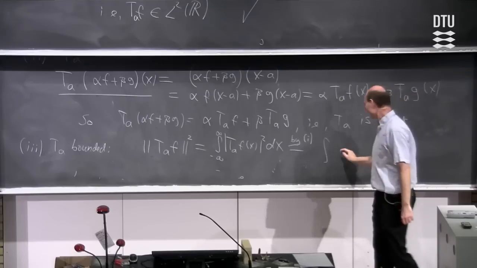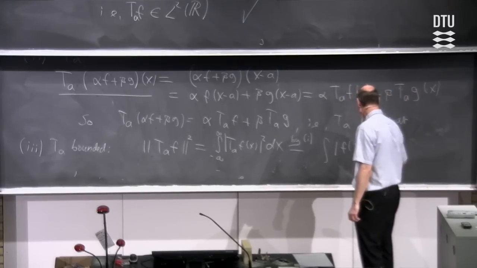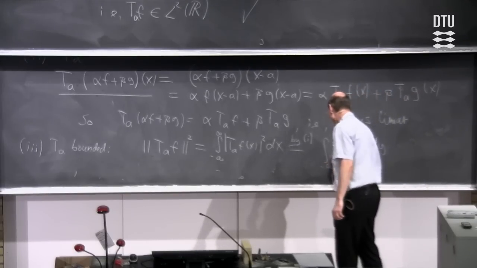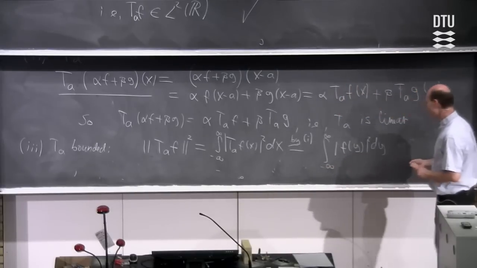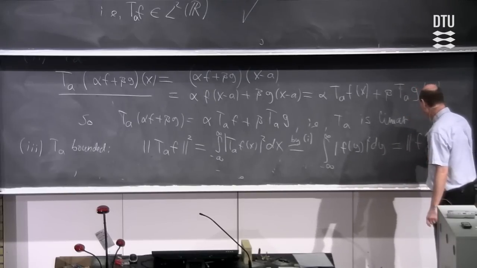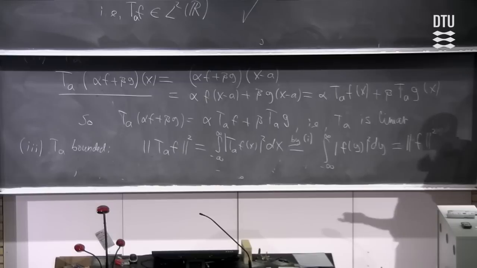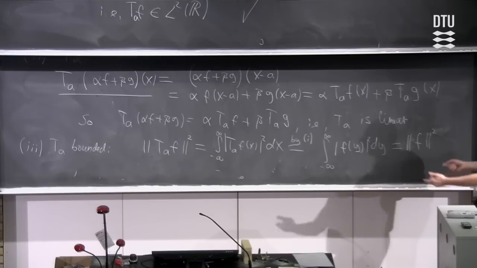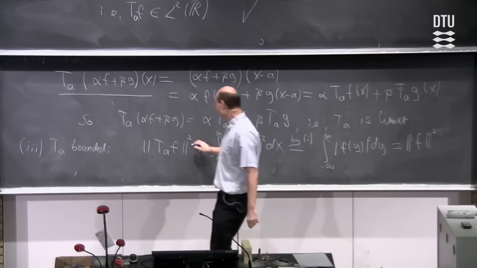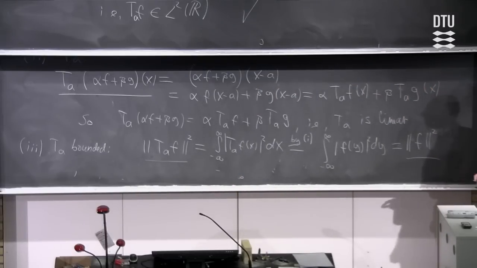This is the same as the integral of the absolute value of f of y to the power 2 dy, from minus infinity to infinity. And this, again, is exactly the norm of f to the power 2. So now, after doing this calculation, we can take away the power of 2 here, and we can take away the power of 2 here.